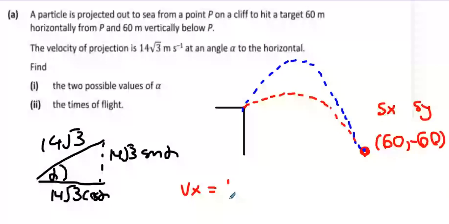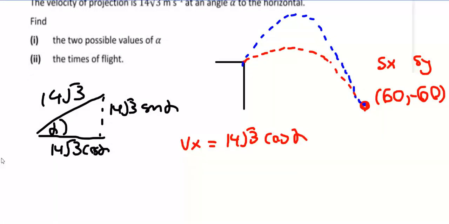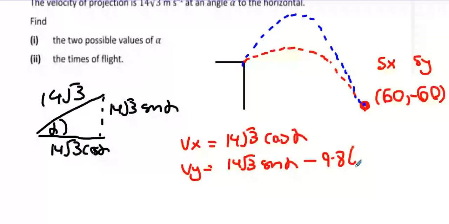So Vx equals 14 root 3 cos alpha, stuck in that position. Vy is 14 root 3 sine alpha minus gt. I don't think it says in terms of g, so I'll just call it 9.8t.